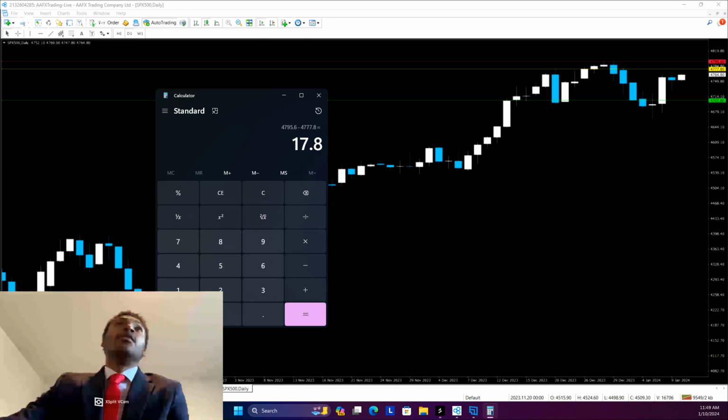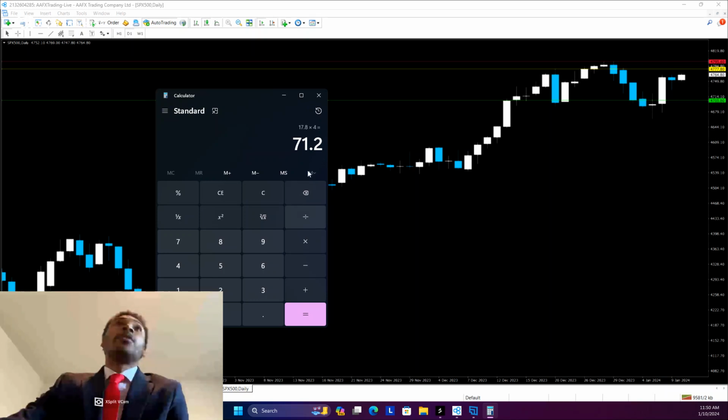So my stop loss would be 17.8 points, and then multiplying that by 4 is 71 points. So my risk is 17.8, reward 71.2 points, and that's where this green line comes in.